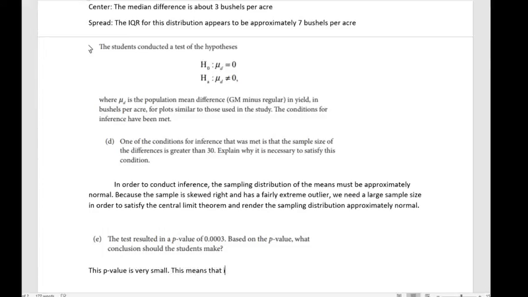This means that it is highly unlikely that we would have taken a sample, okay, fine, let's try this again.